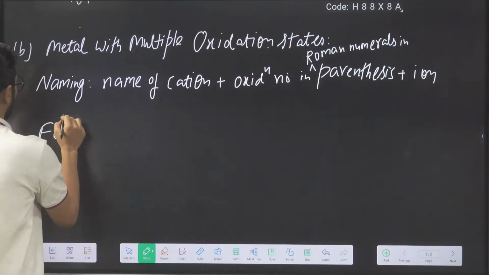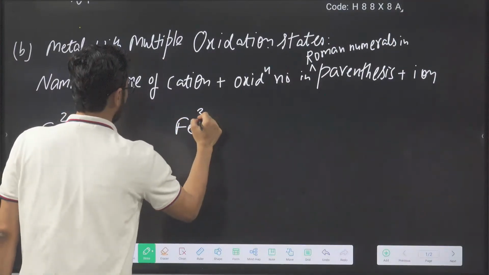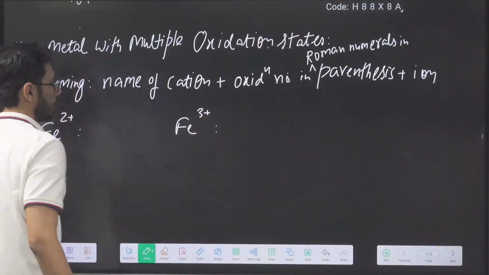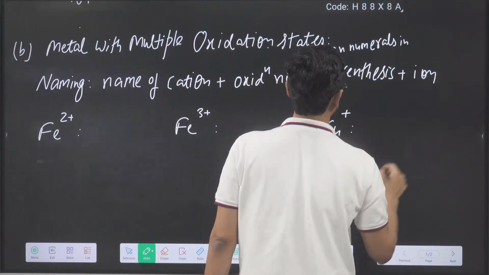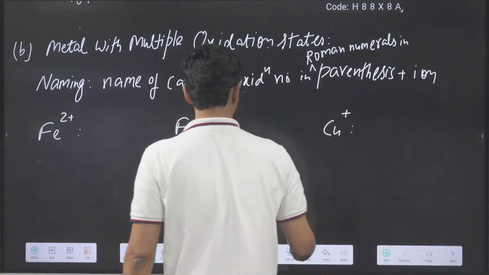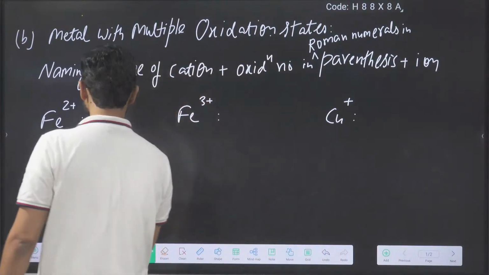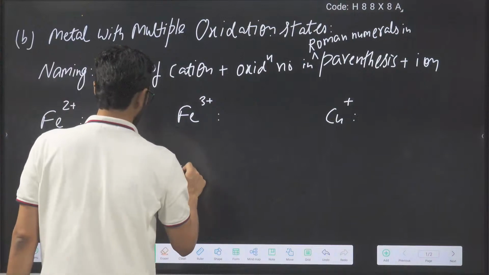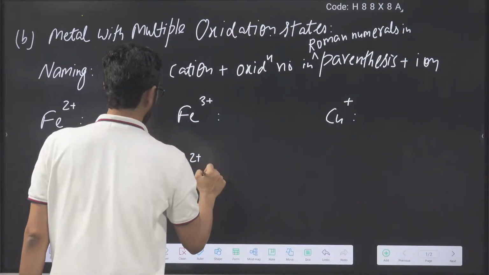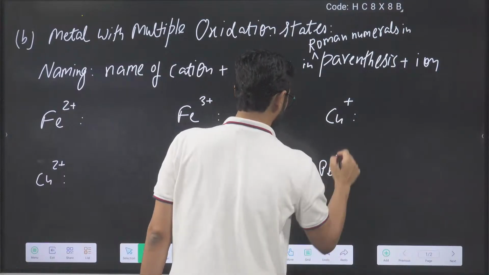Like Fe2+, Fe3+, Cu+, Cu2+, Pb2+, lead 4+.